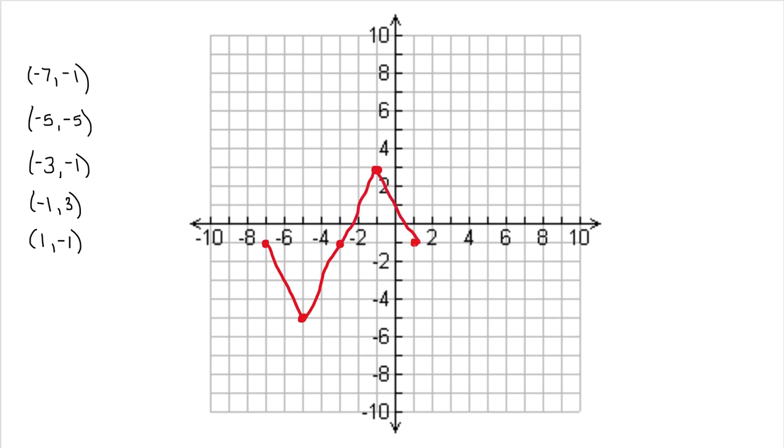Since I only moved my f of x left and then down, the actual shape of the graph didn't change, it just shifted. Every ordered pair shifted 3 units to the left and down 1 unit. So this is the graph of g of x.